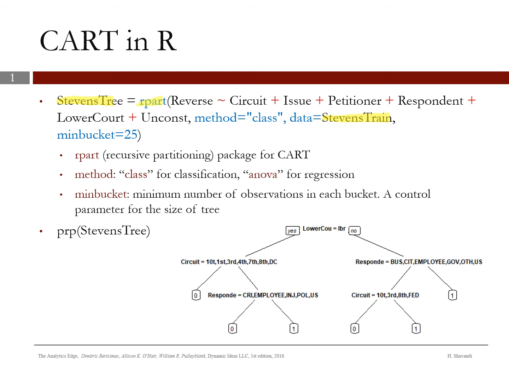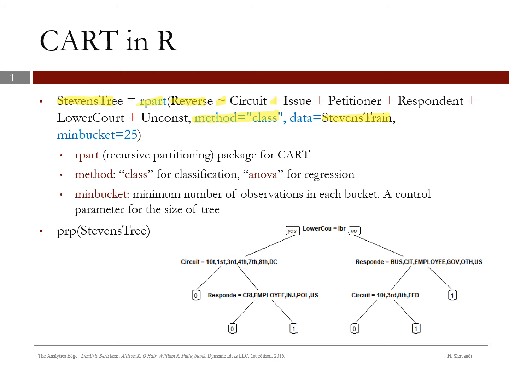Same as linear and logistic regression models, first we have the dependent variable, which is Reverse here, before the tilde sign, and after that we have the list of independent variables separated by the plus sign. At the end we should mention the method for the rpart function.